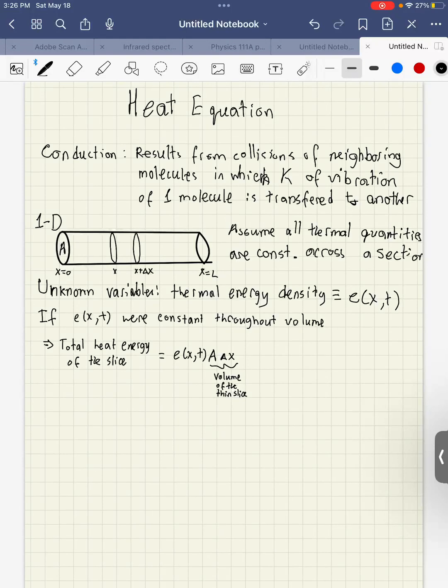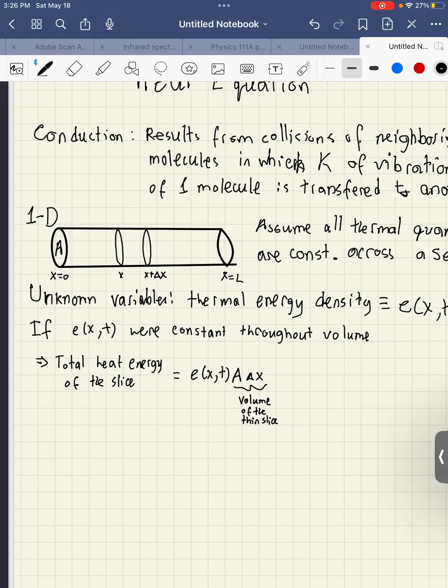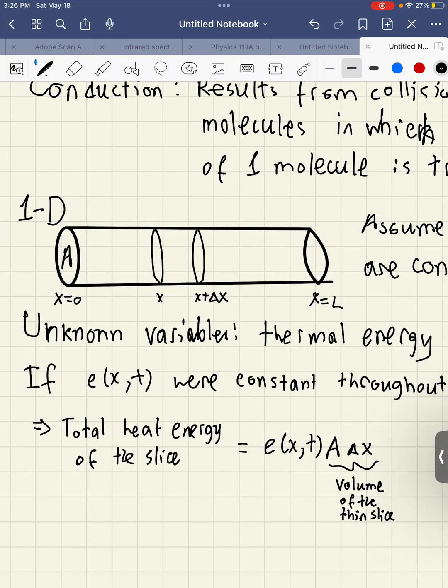Now, the heat energy within this slice changes in time due only to the heat energy flowing across the edges, and also the heat energy generated within the slice.